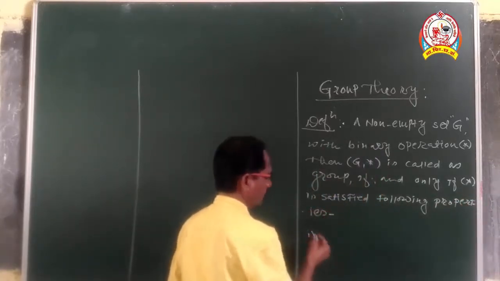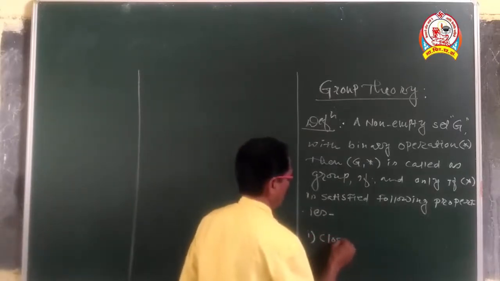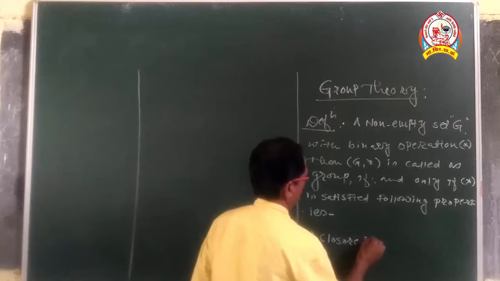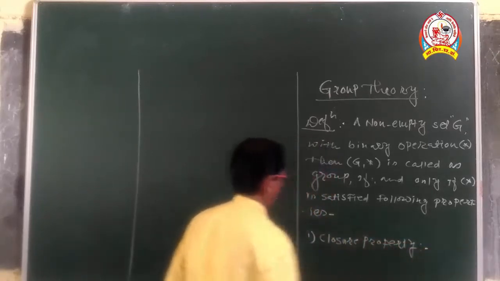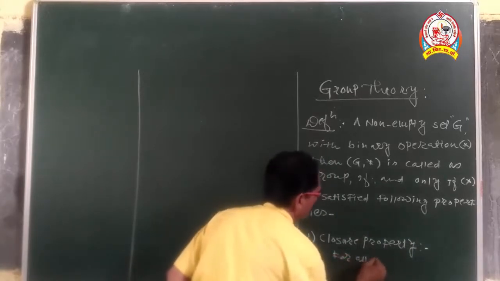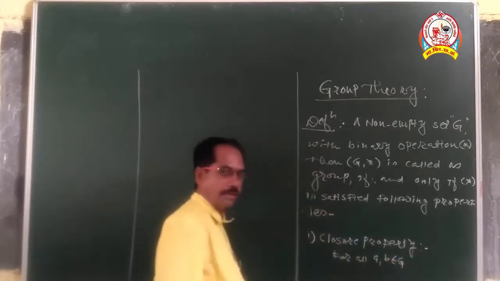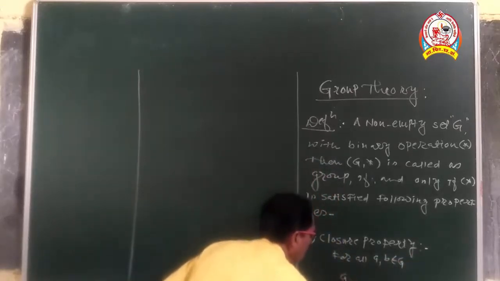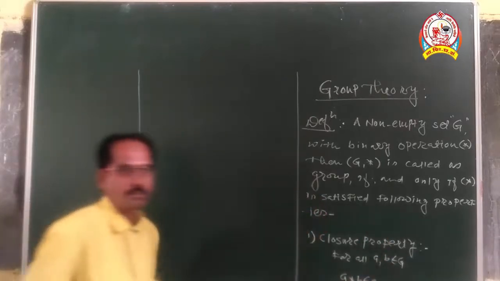Number one, closure property. For all a, b belongs to G, then a star b belongs to G.